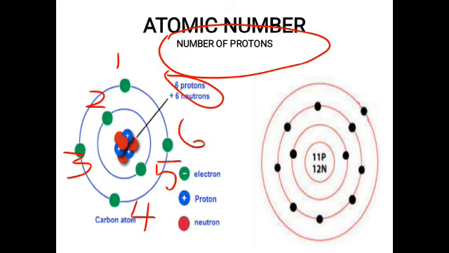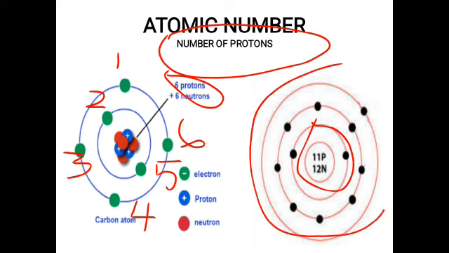Look, as the 6 protons equalize the 6 electrons, the carbon atom is electrically neutral. Another example: 11 protons of sodium are present in its nucleus, and 11 electrons are distributed around the nucleus in their orbits.